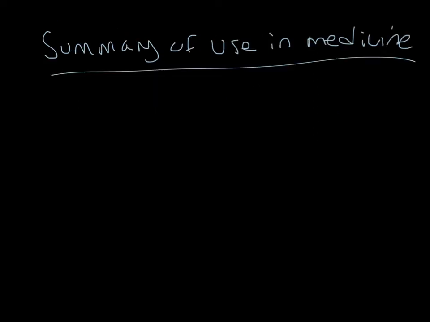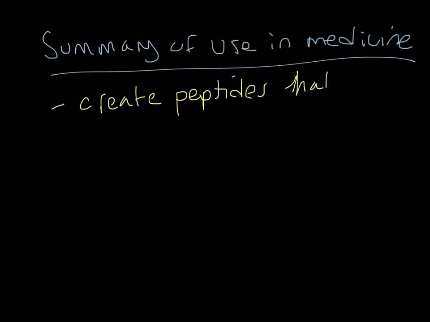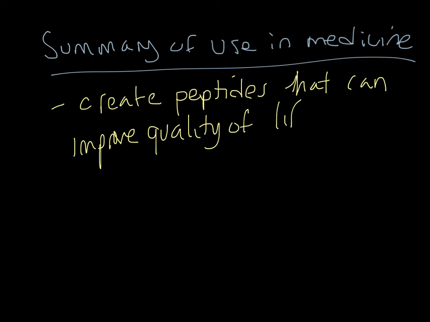So a summary of the use in medicine: the idea is that we want to be able to create peptides that can improve quality of life, and that can either be de novo, brand new synthesis, or a modification of existing things.